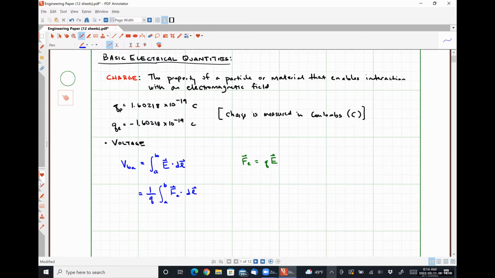Force dotted into a differential line element, the force times distance. Work, exactly right. So this relationship tells us that voltage is nothing more than the work required to move charge from point A in a circuit to point B in a circuit. That's it.